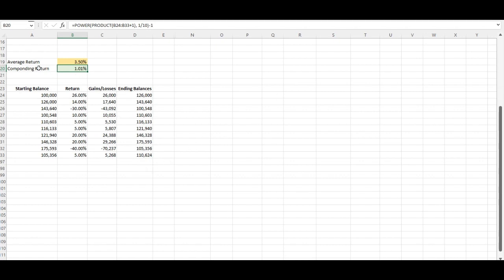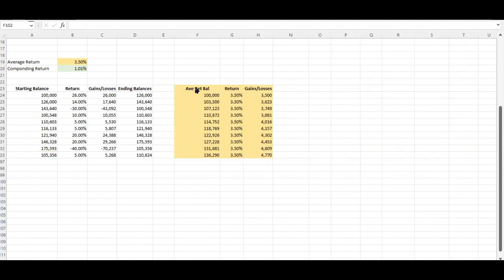So that's why I think using a compounded rate of return is more realistic, because what this is showing at 10 years is I ended up with $105,000, even though at times I was up to 175,000. Those are great returns. But at the end of the day, I'm closer to a 1% rate of return than something like an average of 3%.